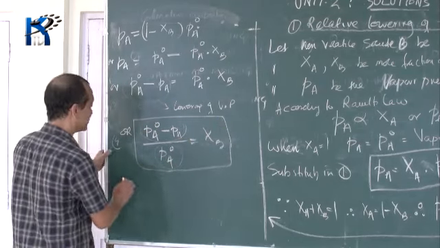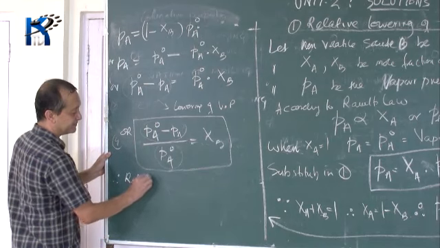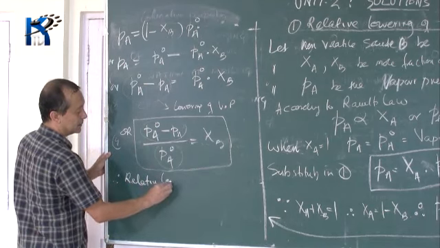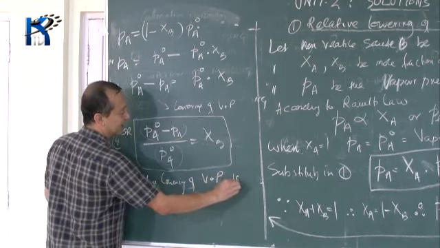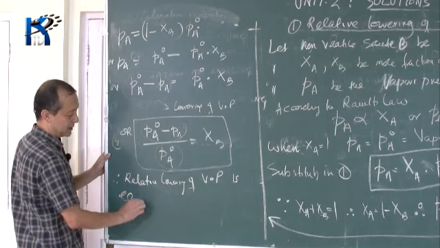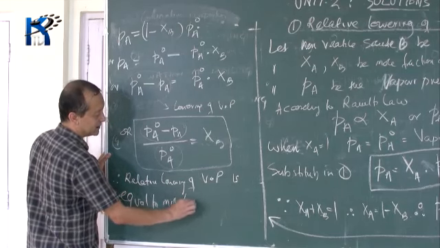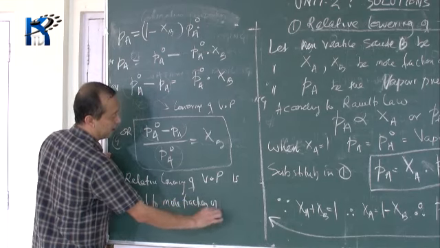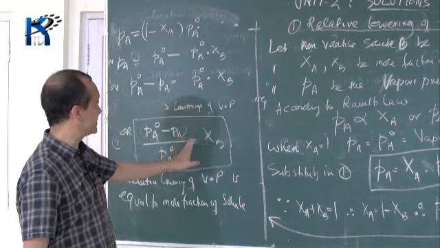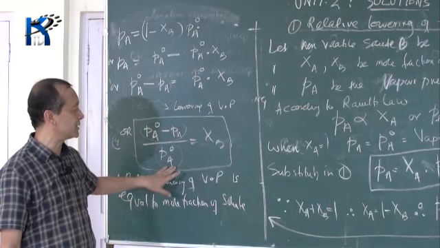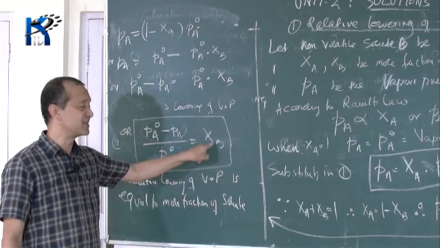Therefore we can write that the relative lowering of vapor pressure is equal to the mole fraction of solute, XB.